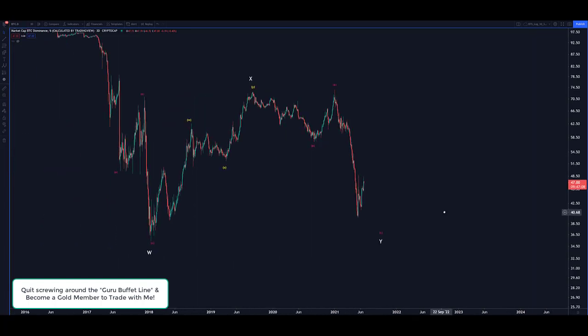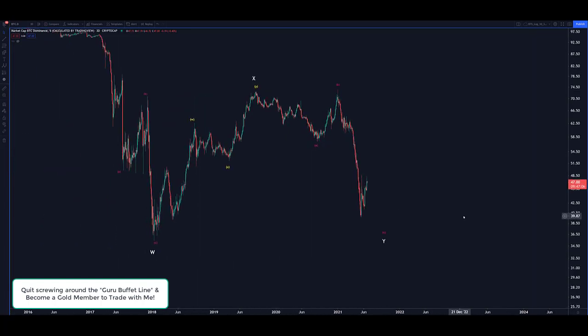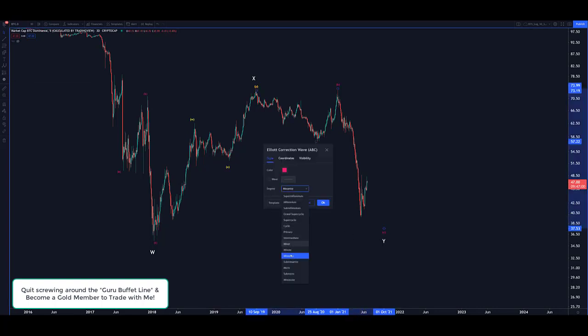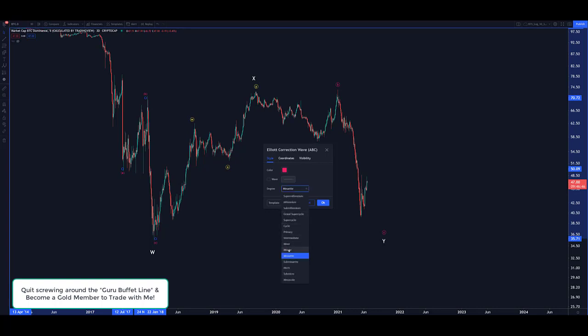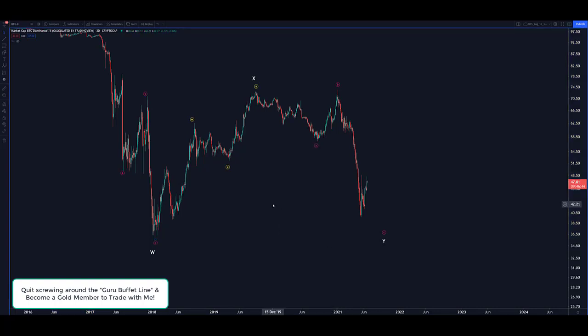So C waves have to have 5 subwaves, okay? And if this had 5 subwaves, let me bring this to a higher degree of trend. Those 5 subwaves should be very impulsive looking and look very clear in 5 waves.